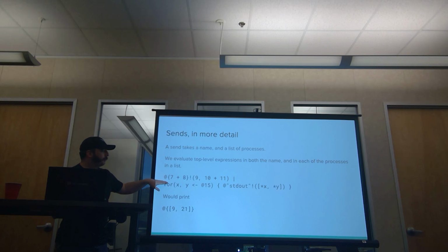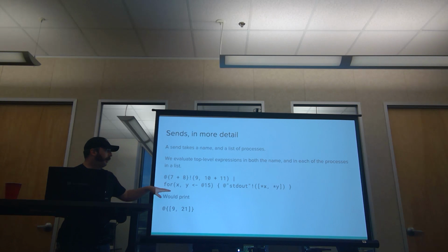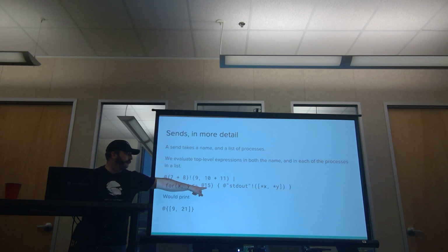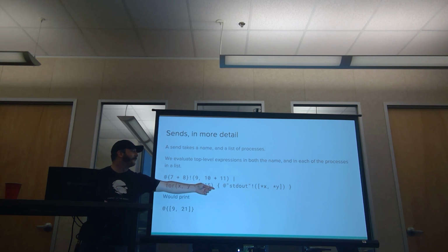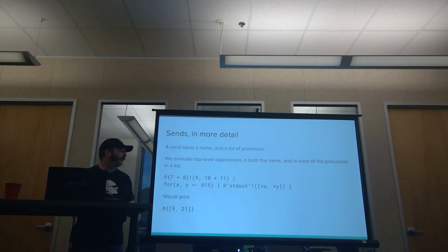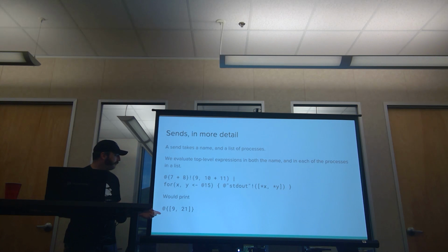So if you evaluate these two things in parallel, here's a send on 7 plus 8, and we're sending the value 9 and 10 plus 11. If we were to listen on channel 15, we get these two values and we send them bundled as a list to standard out.